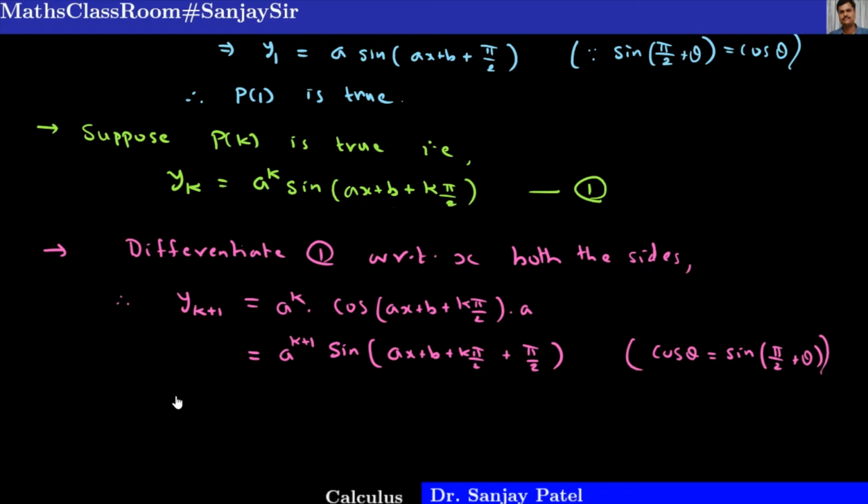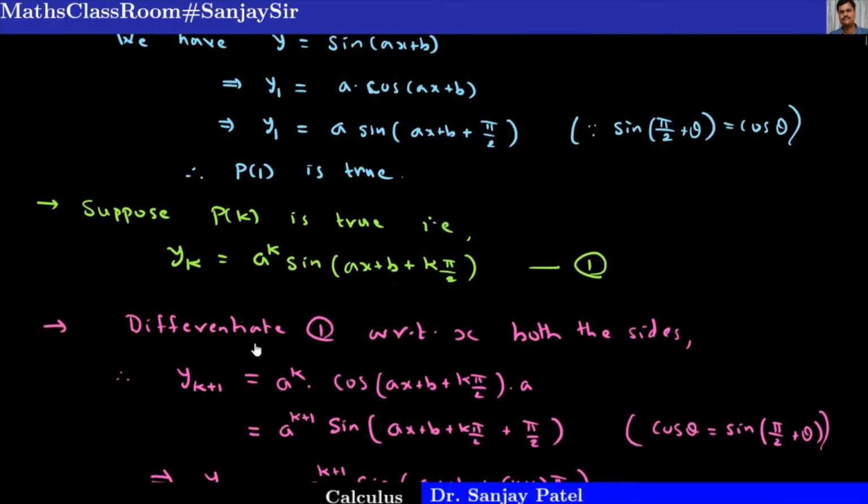So this gives us yk plus 1 is equal to a raised to k plus 1 into sine ax plus b plus, now adding these two, k pi by 2 plus pi by 2 gives you k plus 1 times pi by 2. This says that P of k plus 1 is true, because this is the required result.